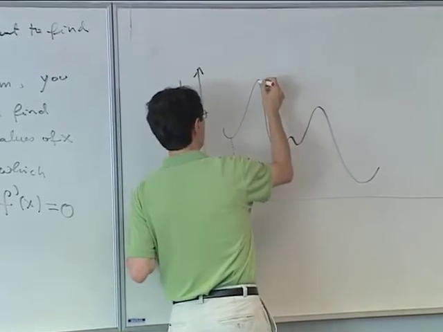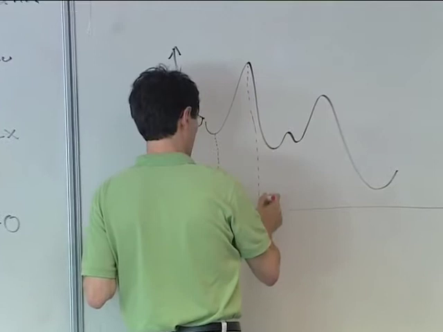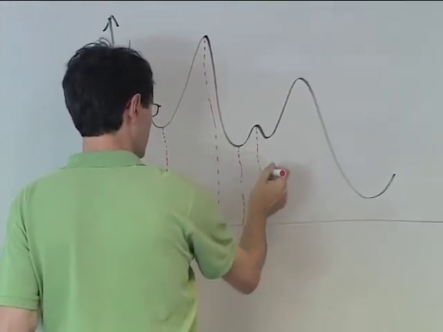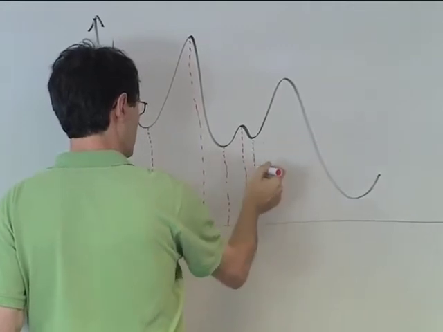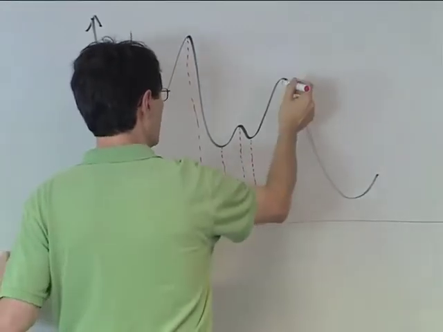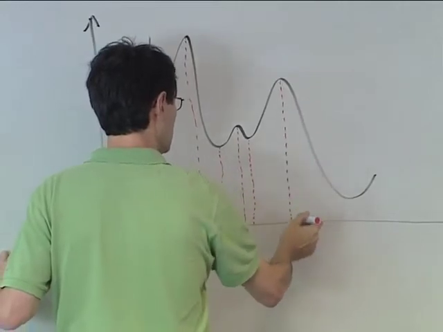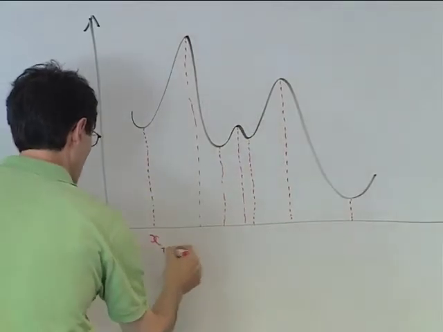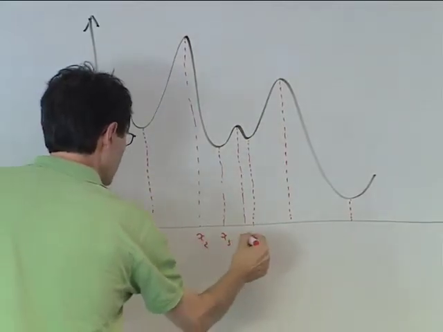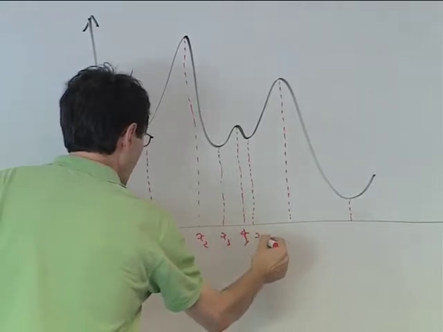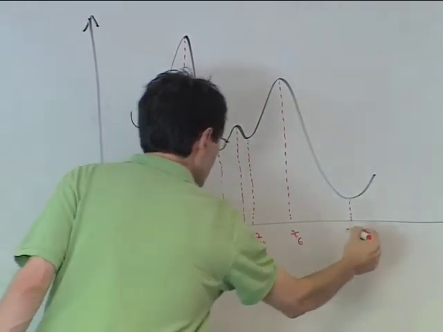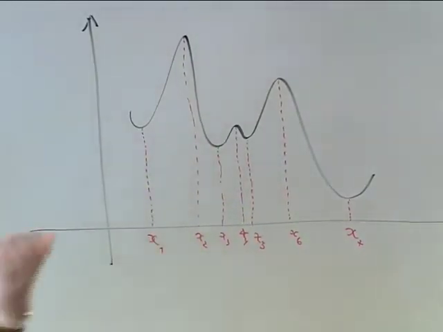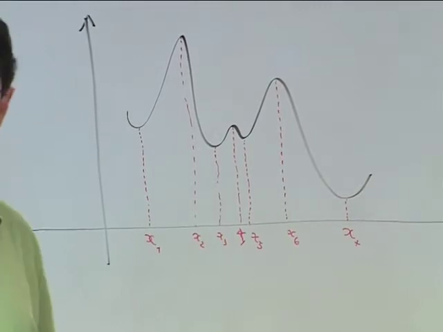There's one here. Another. And another. And another. And one more. So x1, x2, x3, x4, x5, x6, and in my picture, x7. There are 7 values of x.